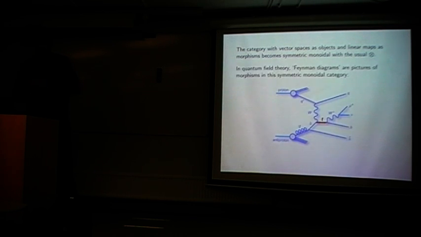So Feynman diagrams you can think of as pictures of morphisms in this particular symmetric monoidal category, and mathematical physicists these days really take that attitude fairly seriously and use it to study things like topological quantum field theory, quantum computing, and other things.